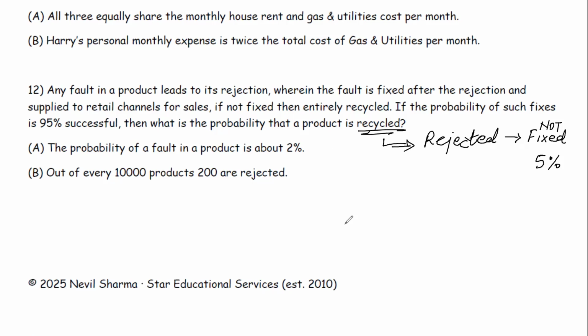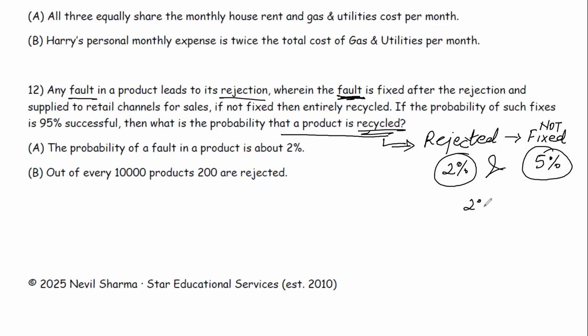The probability of a fault in a product is about 2%. So this fault is 2%. And if it is a fault, then it's getting rejected. So that is 2%. So this information and this information gives me the probability that the product is recycled. So 2% times 5% is the answer, which is 10 over 100 times 100, so 10,000.